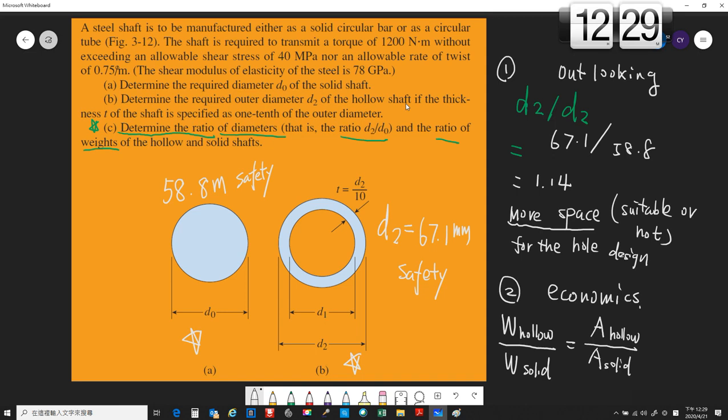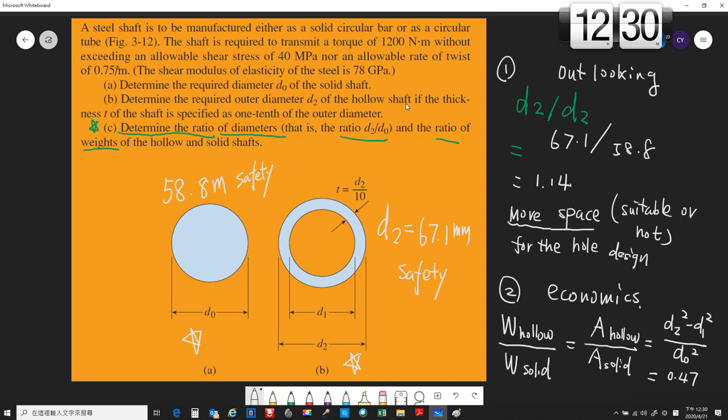So actually, after your calculation, it's D2 squared minus D1 squared. Yeah, please do it by yourself. There's a lot of calculation inside, but I just write it down very clearly, very simple. Calculate by yourself. 0.47. Okay.